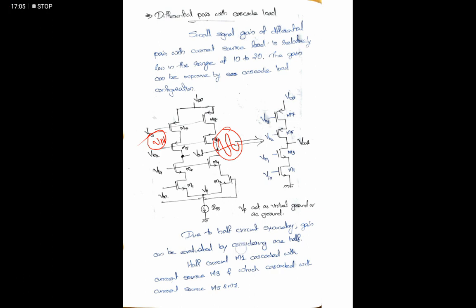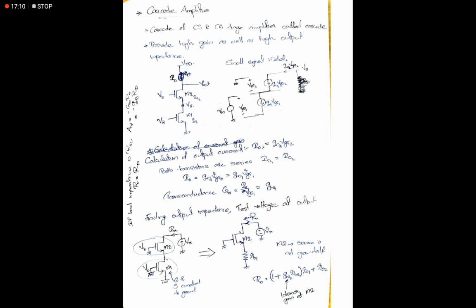First we will go to the basic cascoded configuration. So this is a basic cascoded configuration of a MOSFET amplifier or a common source amplifier. There we connected a biased MOSFET as the extra cascoded element.